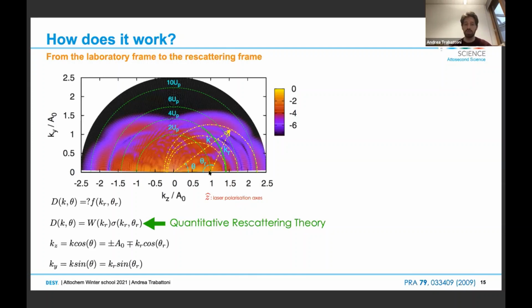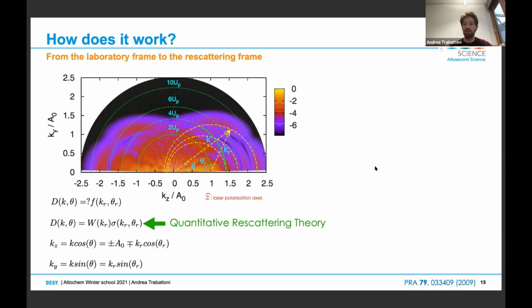And then from here you can draw the Kr, so the momentum at rescattering, and the angle of rescattering. These two equations are not completely satisfying, because you see that we still have a dependence on the vector potential of the laser field that we wouldn't want, because otherwise it depends on your external field, the diffraction that you get.